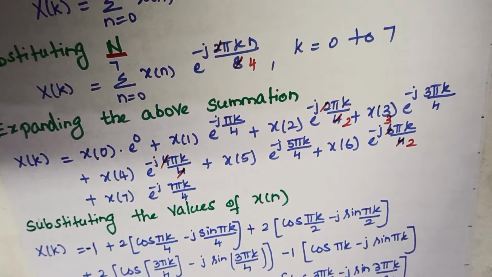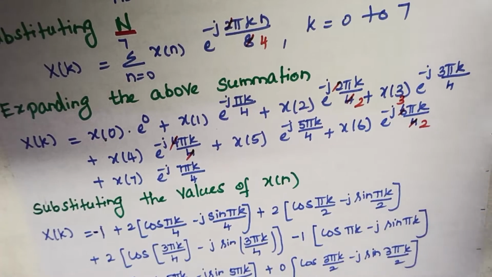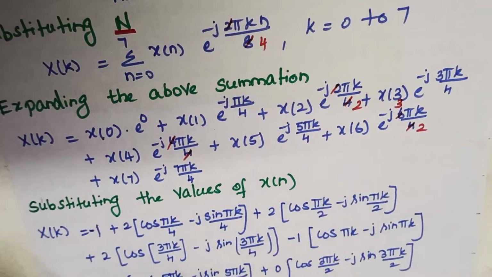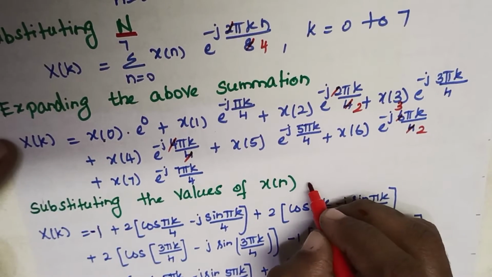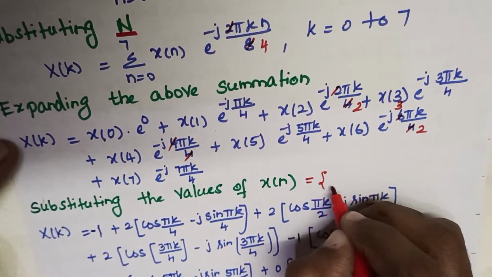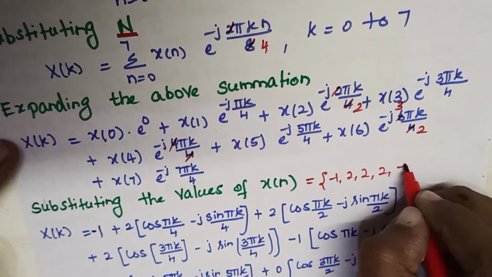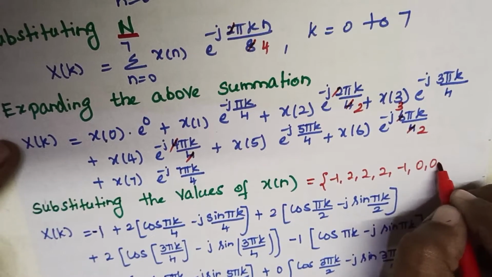Next, we are going to substitute the different values of x of n. It's given in the problem that x of n is minus 1, 2, 2, 2, minus 1, 0, 0, 0.